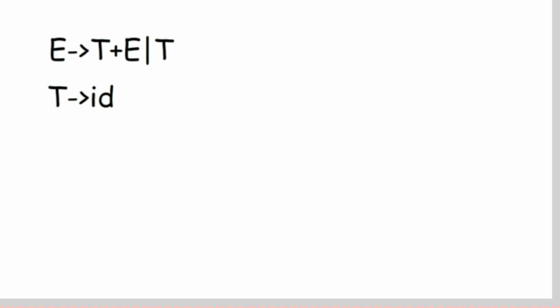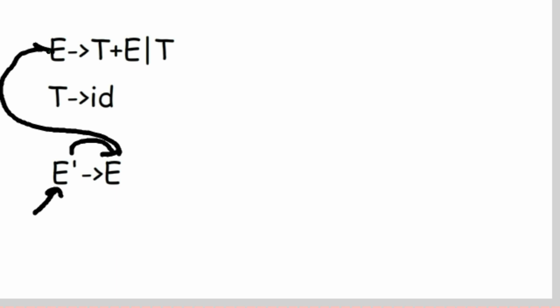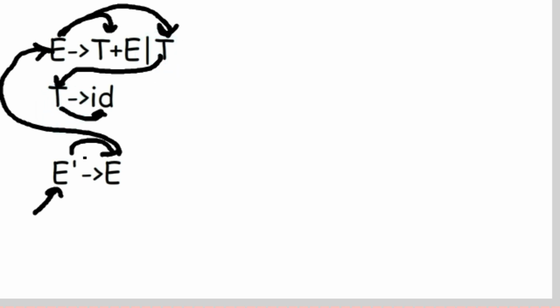So we can rewrite this as E dash tends to E. So what is happening? We are starting with E dash, which is going to E, and this E is going to this T, and this T is going to ID.